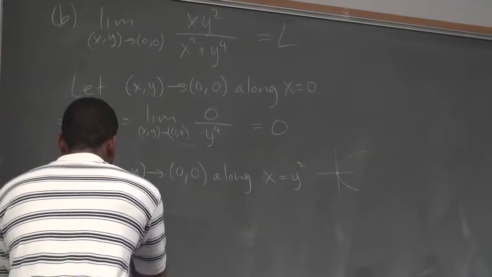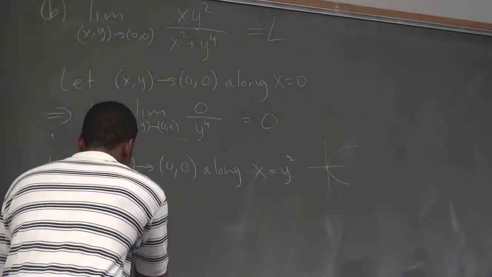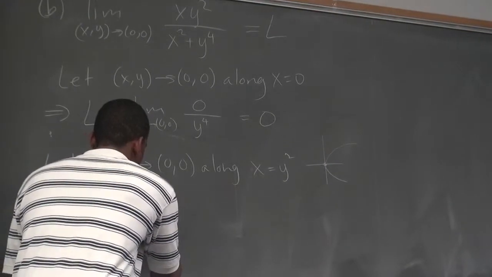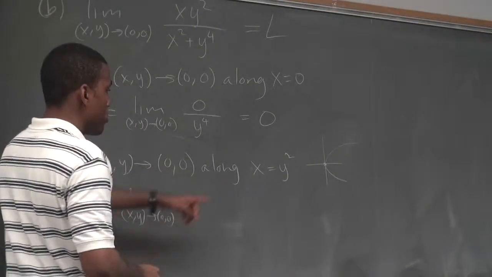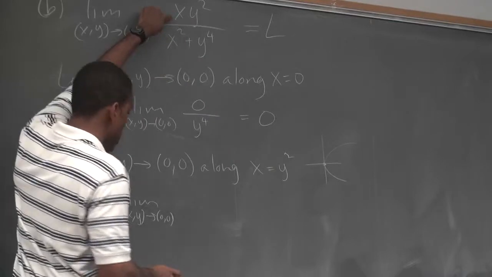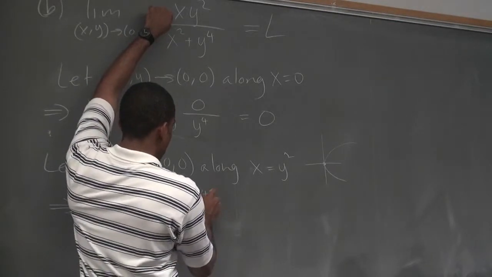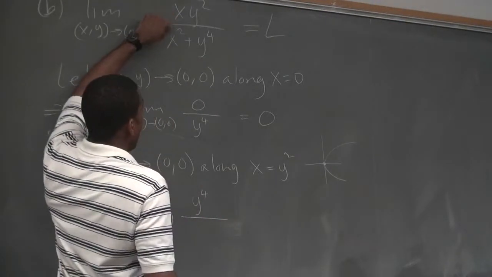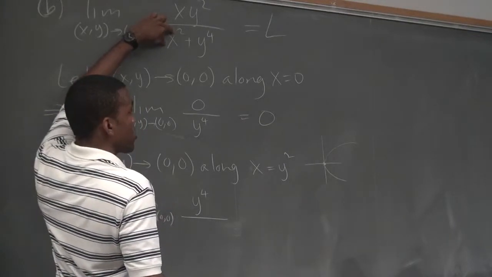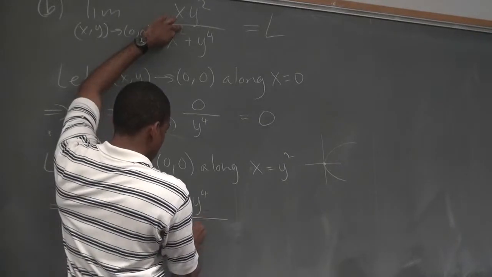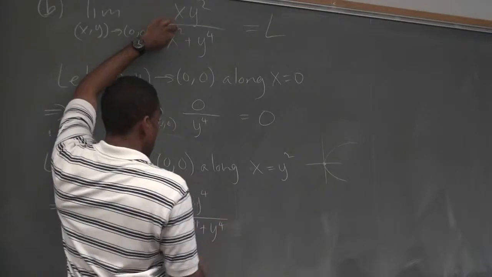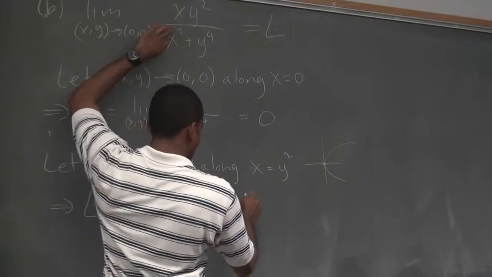And in that case, my L would be the limit as (x,y) approaches (0,0) of. Now, if I replace all my x's with y squareds, on top I would get y to the 4th. On the bottom, x squared is y squared squared. That also gives me y to the 4th. Well, that allows me to combine the denominators.